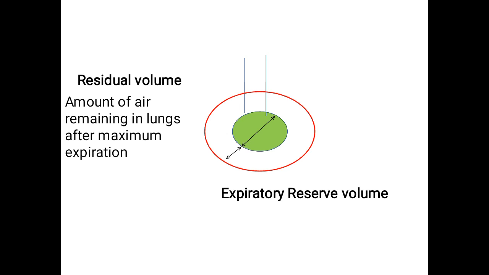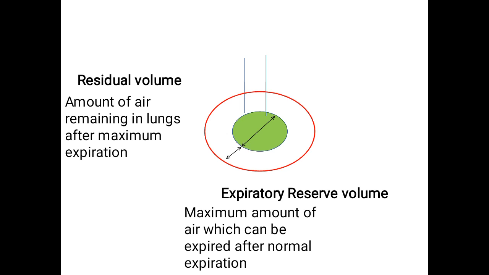Means maximum amount of air which can be expired after normal expiration. Is it clear? So these two volumes: the volume of air remaining in the lung at the end of maximum expiration is called the residual volume, and this chunk, the amount of air which we have expired maximally, is called expiratory reserve volume.